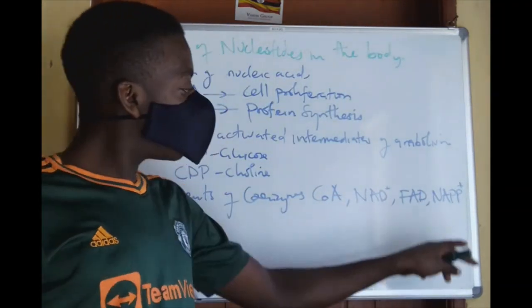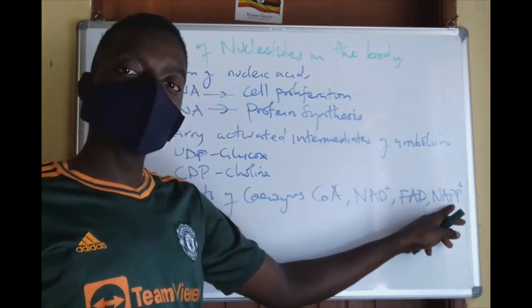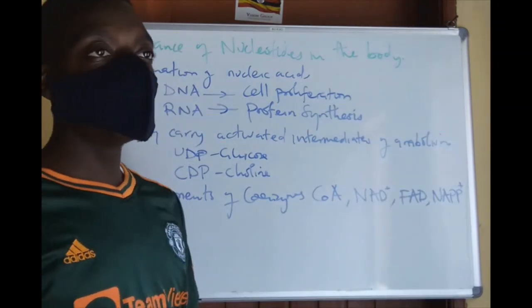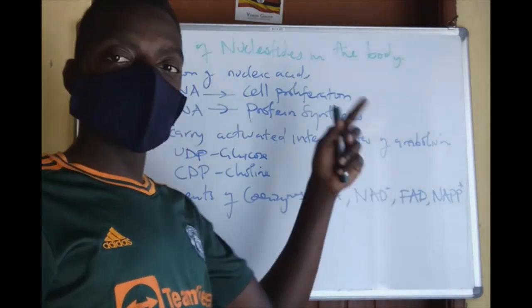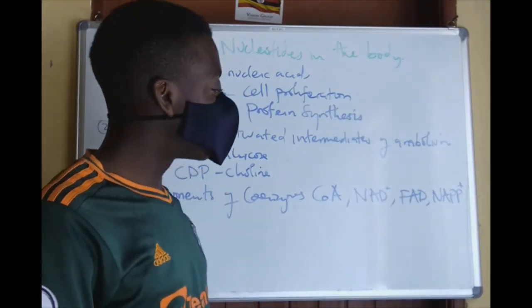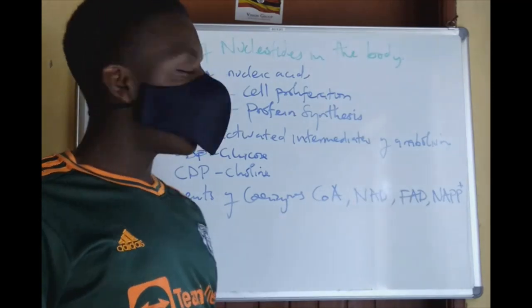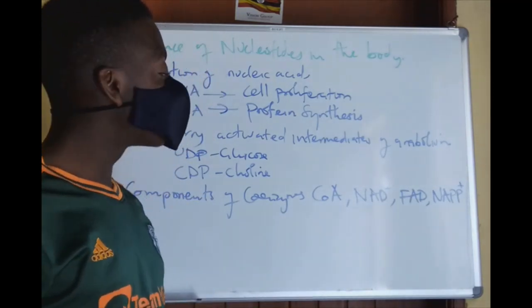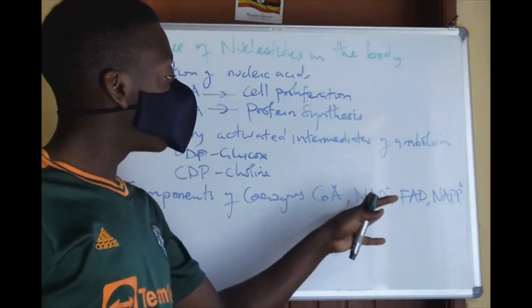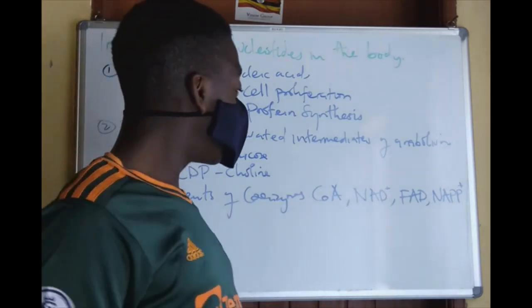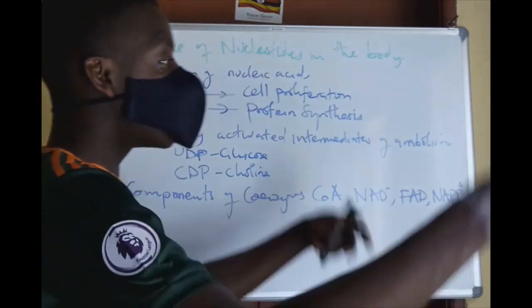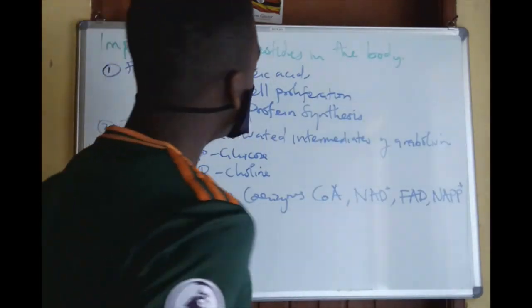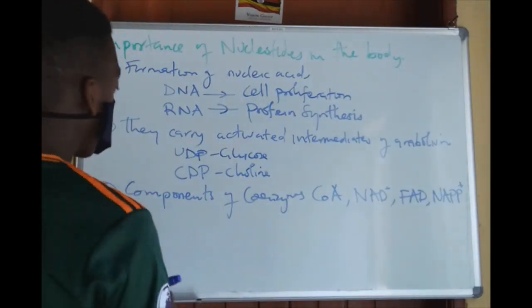Recall that in the pentose phosphate pathway, and in the TCA cycle, you record NAD everywhere. Coenzyme A is important in the TCA cycle and other pathways.